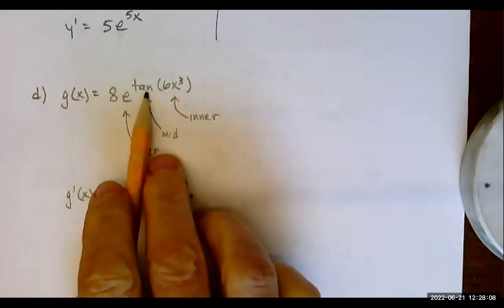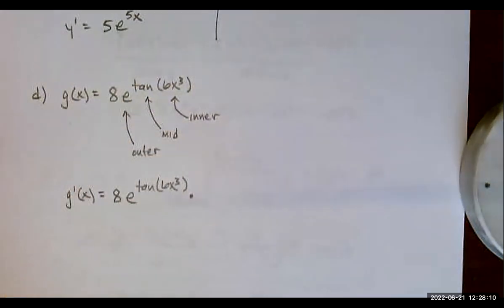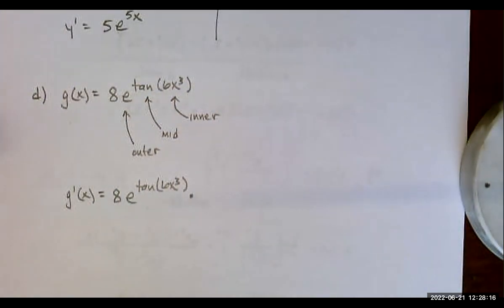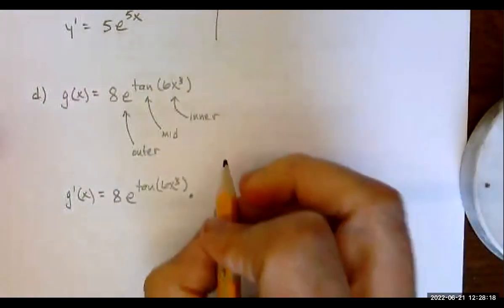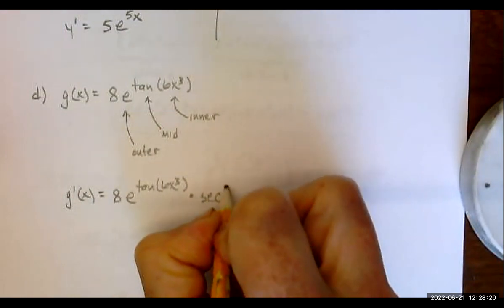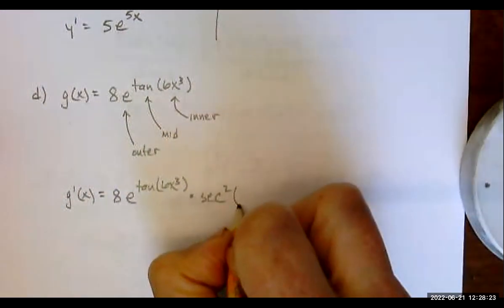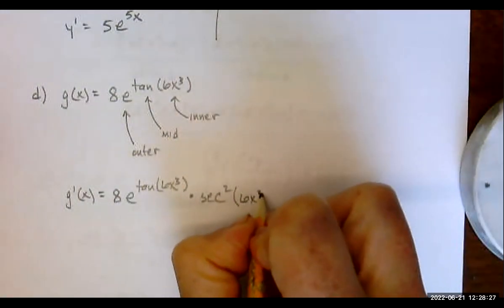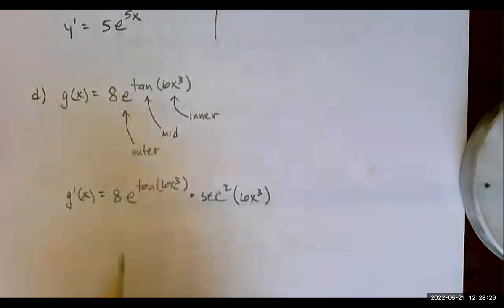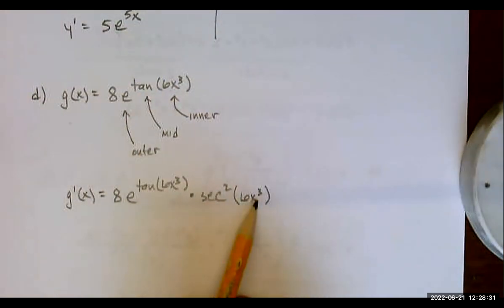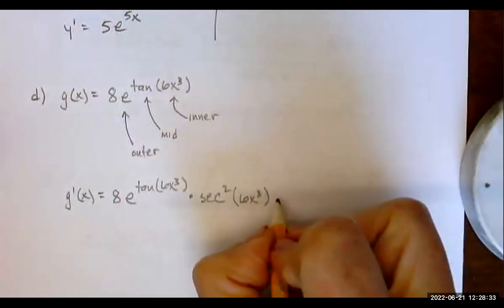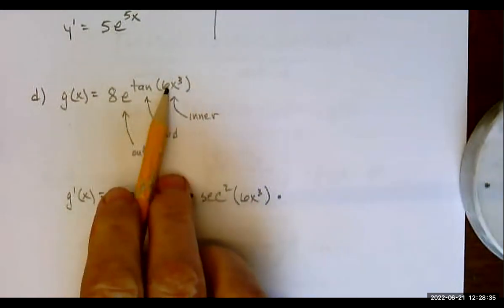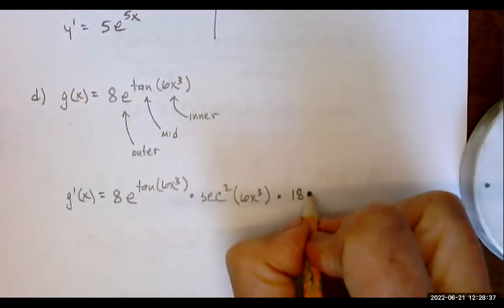Then we move in 1 step for the tangent. What's the derivative of tangent? You might remember it's positive. Its friend is secant. This derivative is secant squared. And it will be secant squared of 6x cubed. So derivative of tangent, secant squared, and then this part gets copied. And finally, times the innermost derivative, 18x squared.